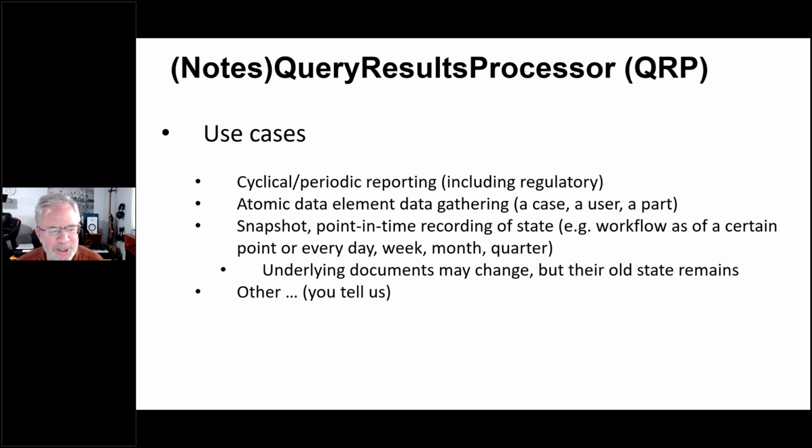So a workflow can be documented this way. I just printed something. The underlying documents may change, but you have the state in that view. The snapshot is intact, and you can look across it as you study the workflow. Here's how things were as of a certain time. So it's a very important, very powerful mechanism. And there will be other use cases you might think of. You can tell us. Thank you.